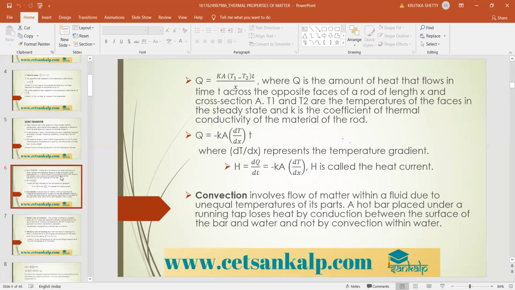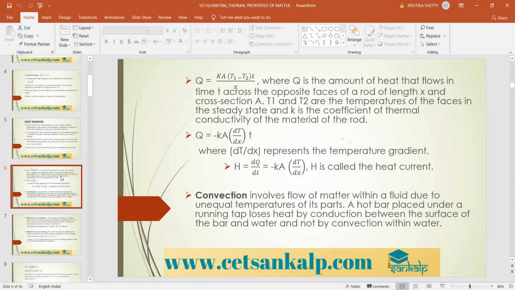Whatever the unknown terms are, you can rearrange the terms and calculate the required quantity. Q is heat, K is thermal conductivity, A is area, T1, T2 are the temperatures in time T, X is the length of that given conductor.